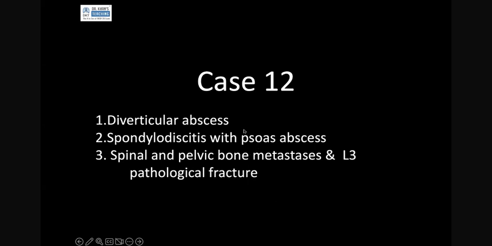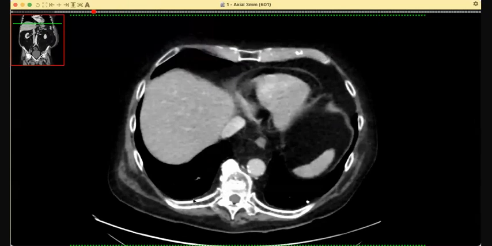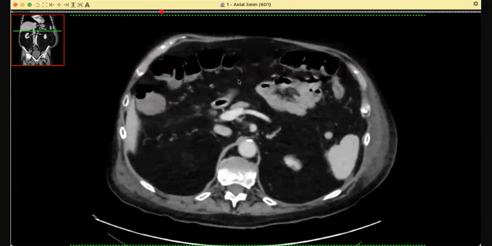But this is the main finding, because for that the treatment or the regime of the antibiotics will change. That is the key finding, and the classical learning point in this case is satisfaction of search. Don't stop, keep looking, your bone window, everything.